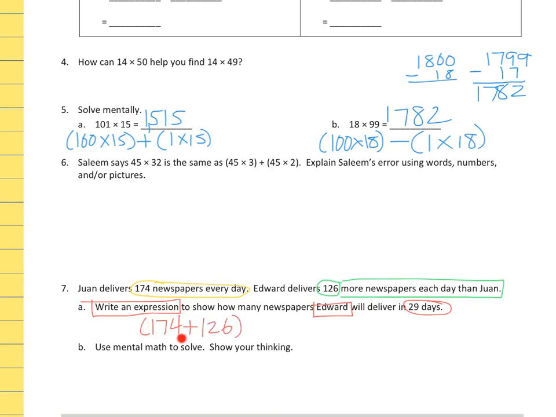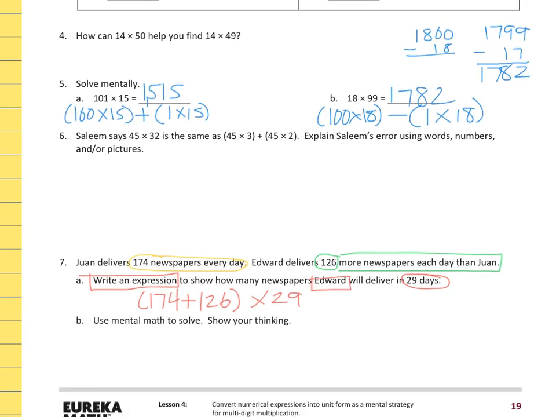So we would have to add those numbers up to figure out how many papers Edward delivers each day. And then they want us to figure out, okay, now what happens when he delivers in 29 days. So we'll take that sum and then we'll multiply it by 29. So the second part of the problem is that they want us to use mental math to solve, and they want us to show our thinking.